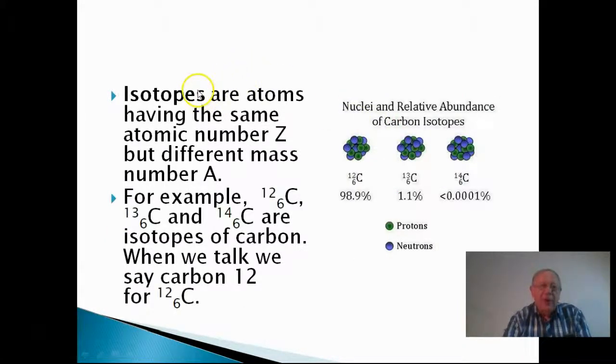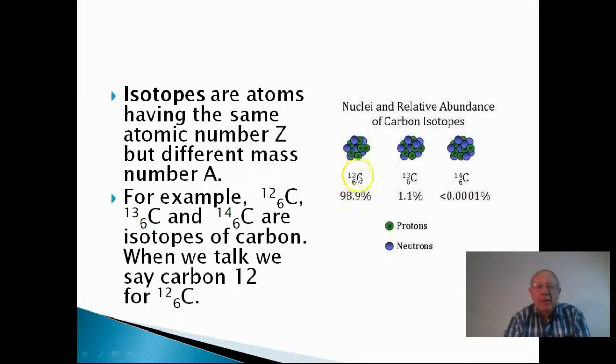Isotopes. Now, isotopes are atoms which have the same atomic number, in other words, the number of protons, for example, carbon here. These 3 here are called isotopes. This one here is carbon 12. And what that means is it's got 6 protons, that makes it carbon.